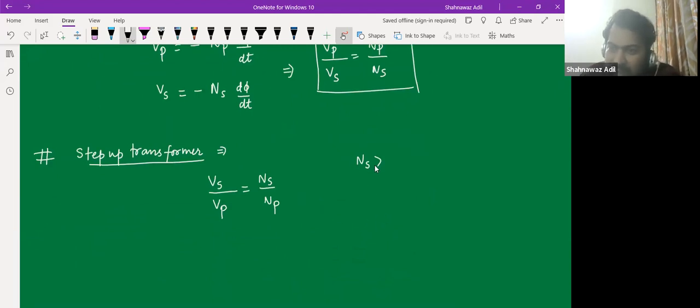So if I increase the number of turns in the secondary coil, if I take this Np to this side, what would be in here?